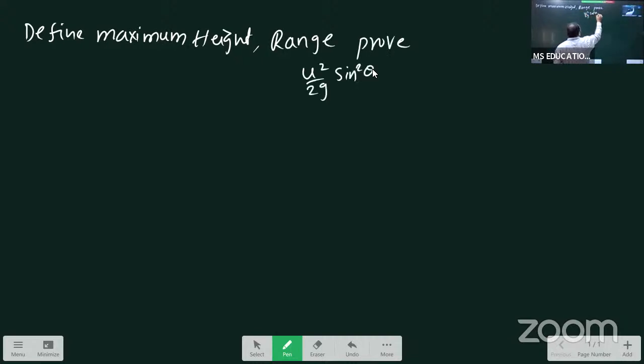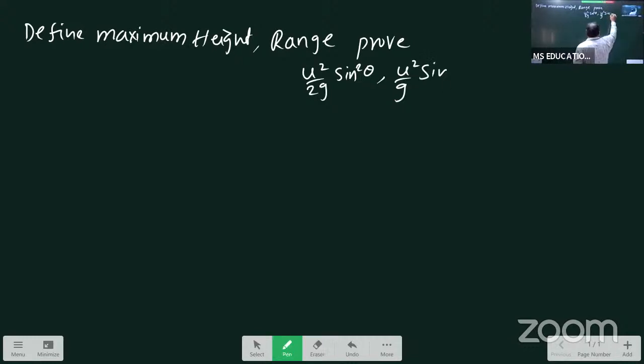Define maximum height, comma range. Prove maximum height equals u square by 2g sin square theta, and range equals u square by g sin 2 theta.